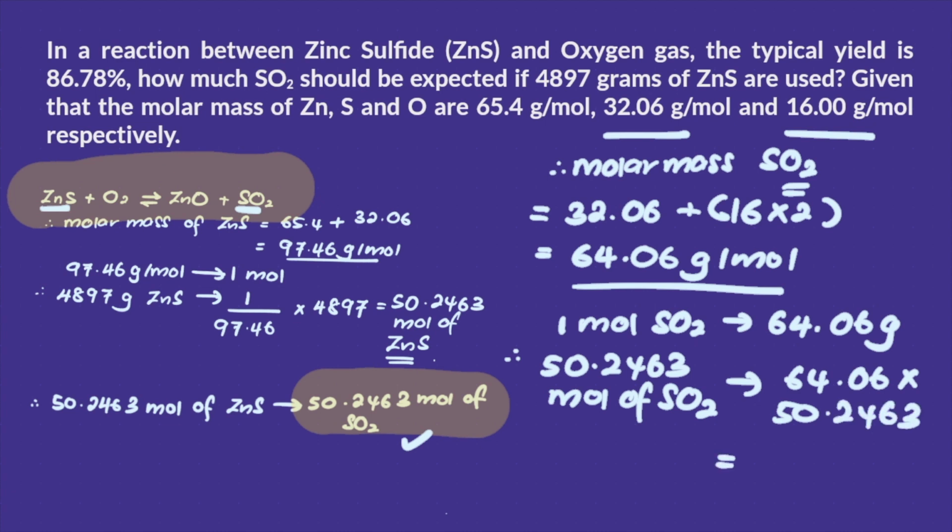Therefore, you should get 3,218.7780 grams of sulfur dioxide being produced.